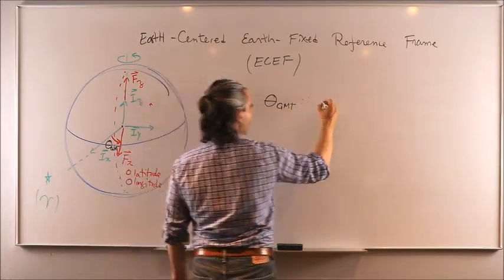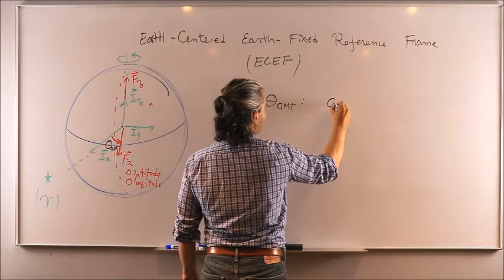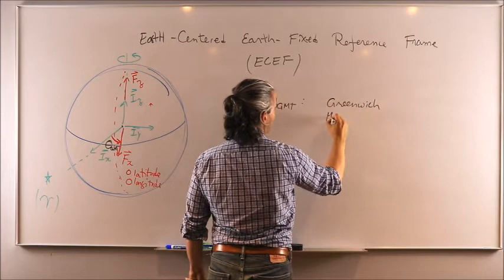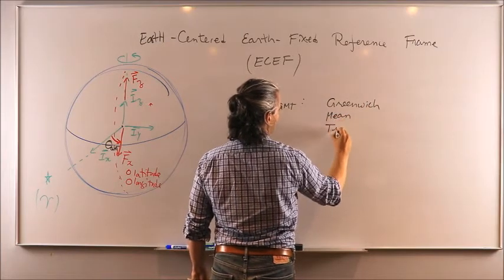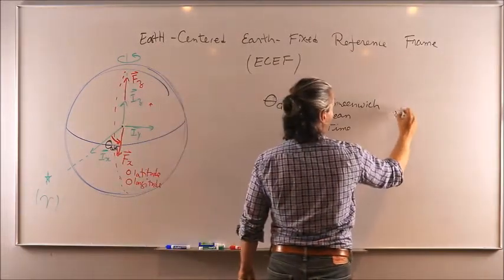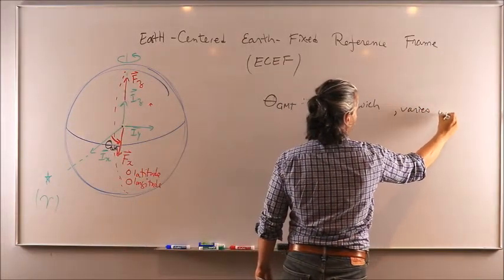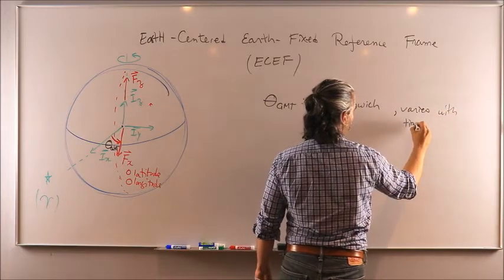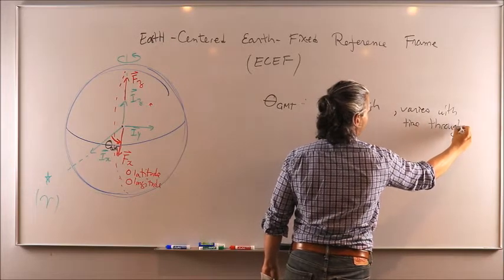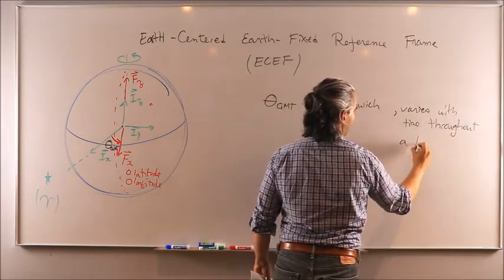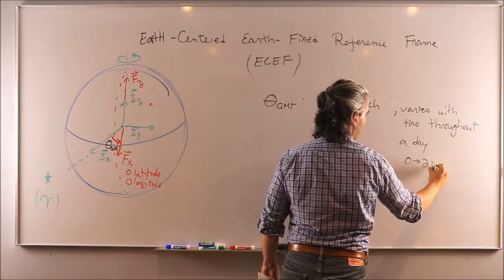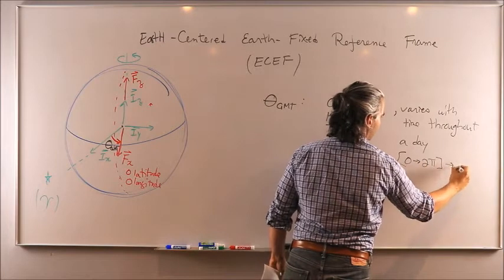This is known as Greenwich mean time. This angle varies with time throughout a day. So it ranges between 0 and 2 pi in one day.